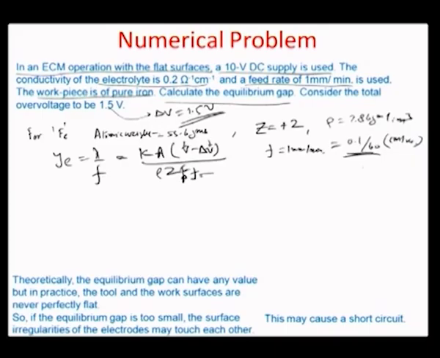And we first find what YE is. So, the conductivity is 0.2 ohm inverse centimeter inverse, atomic weight 55.6 times V minus delta V. As you know, 10 volts is the available voltage, the over voltage is 1.5.